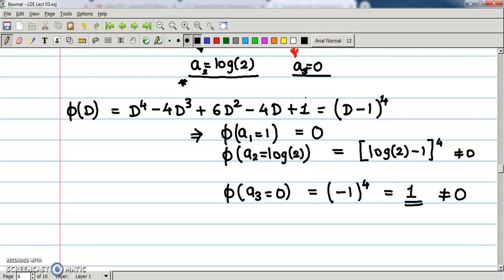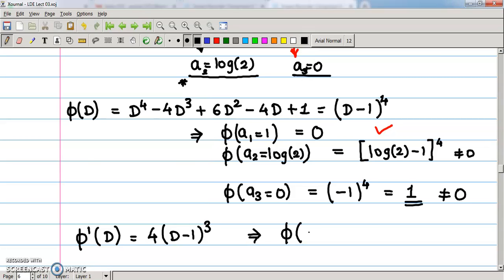Since we got a case of failure for a1, we consider the derivative of the auxiliary equation. The derivative will be 4(D - 1)^3, and we replace D by a1, which is equal to 1. Again that value will be 0.